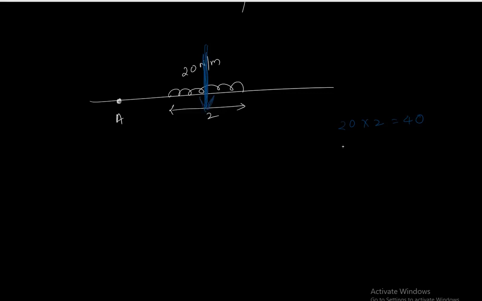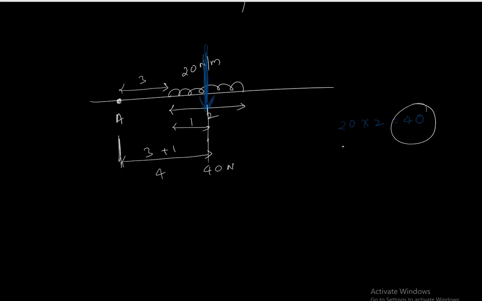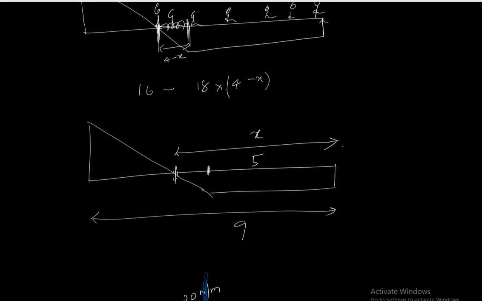So the distance from here would be, let's say this distance was 3. To go to the center of that distributed load, this would be 3 plus 1, so 4. So when you're calculating the moment, you use this 40 Newton times 4. So 40 Newton acting at a distance of 4. So these are the 2 points you need to remember while solving this question.